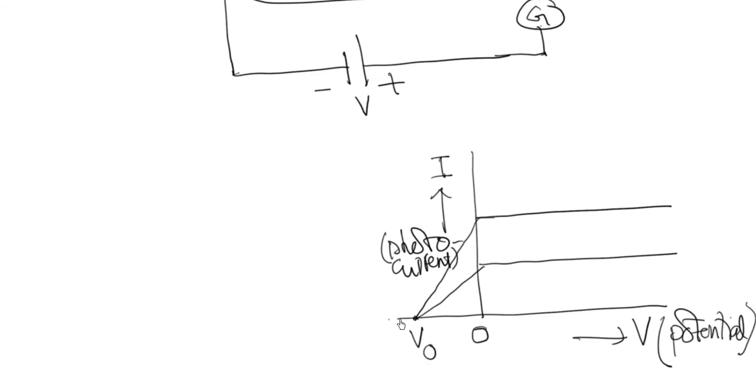This V naught is a particular negative voltage. At this voltage the photocurrent becomes zero, and this potential is known as the stopping potential. We have drawn here two curves. This is for comparatively higher intensity of light falling on the metal surface, and this one is for low intensity.